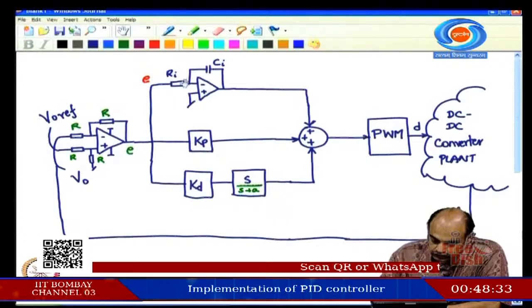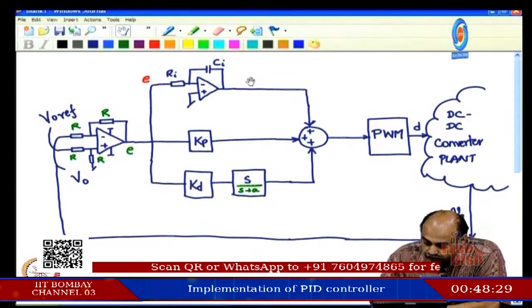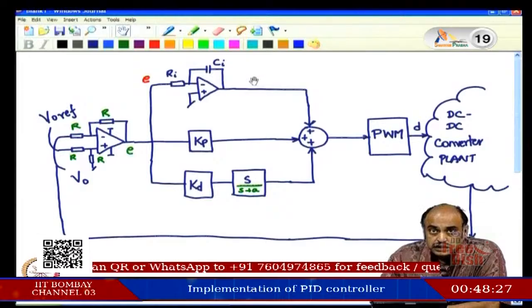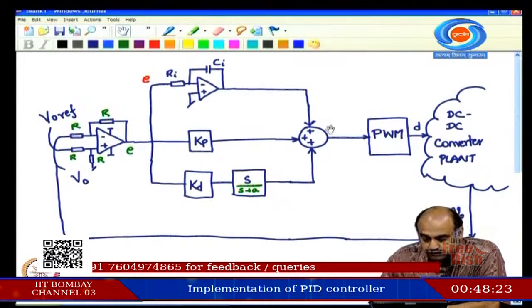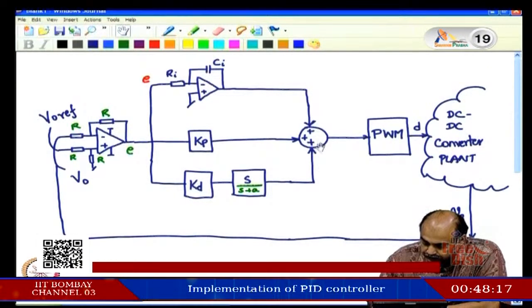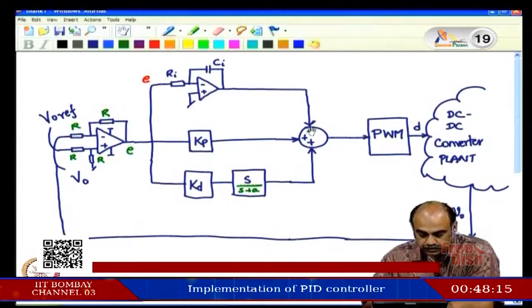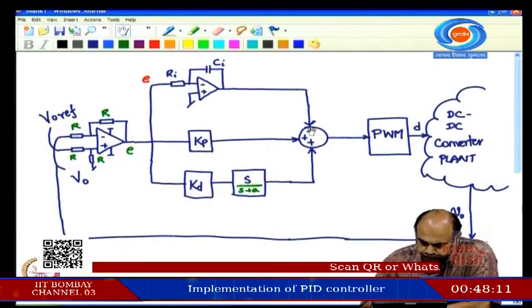The next portion of course is K P. Remember that we now have an inversion at this point. We will take care of this inversion while doing the summing. Okay. So, we will give inversion to all these and then take care of it at the summing point.